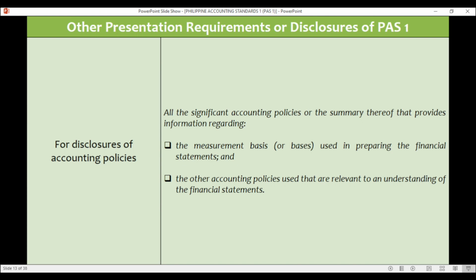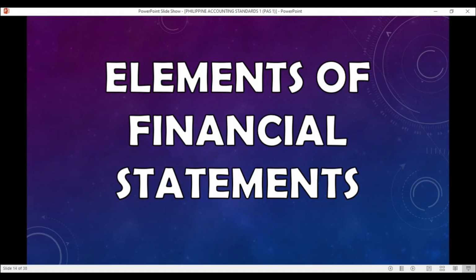Then the other accounting policies used that are relevant to the understanding of the financial statements. Meaning those accounting policies that would provide a smoother understanding for the users. So those are the basic concepts embodied in the Philippine Accounting Standards 1.